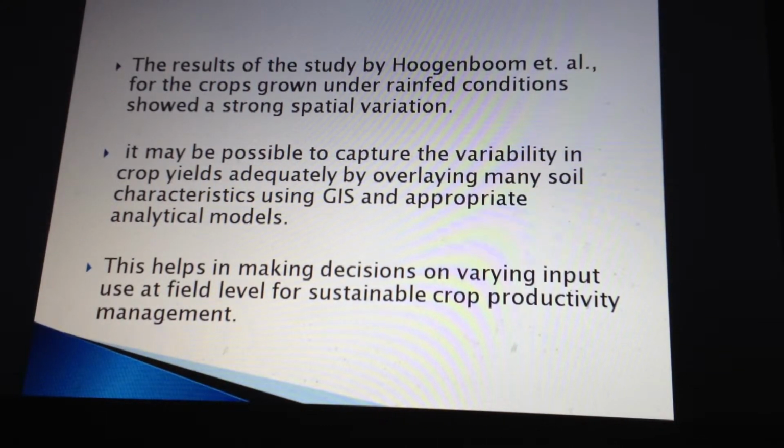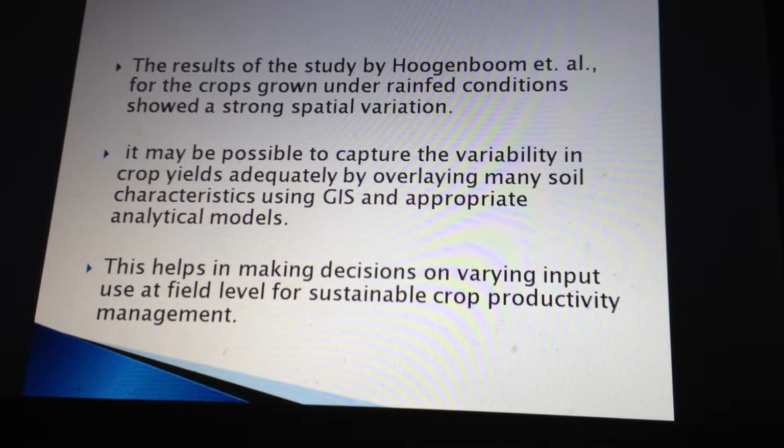The results of the study by Ho Jin Boom for the crops grown under rain-fed condition showed a strong spatial variation.